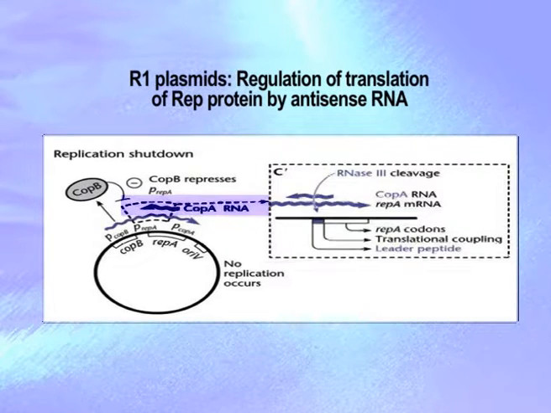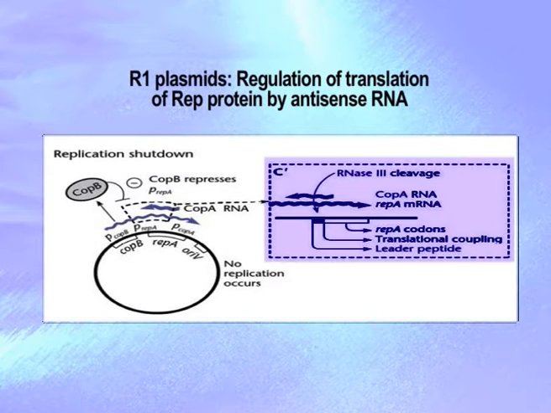What it does is that Cop-A RNA hybridizes with the Cop-B mRNA and it restricts the synthesis of Rep-A gene even from the P-Col1b promoter. So this is how, just by regulating the expression of Rep-A from two different promoters, the copy number of R1 plasmid is controlled at a desired level.